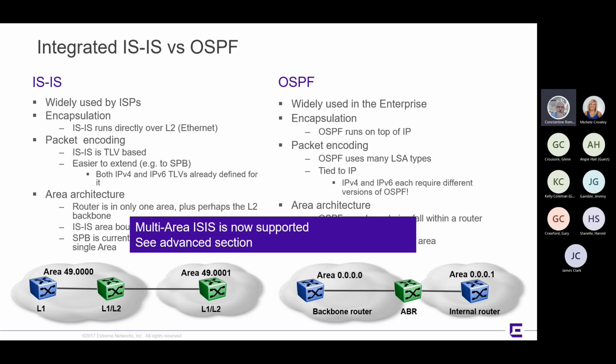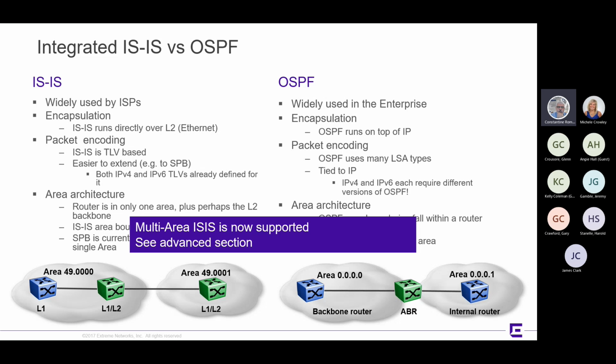It is encapsulated. It is standards based in that it uses LLDP extensively and TLV, type length value, fields within LLDP. Very easy to extend. For example, shortest path bridging is an extended ISIS protocol.